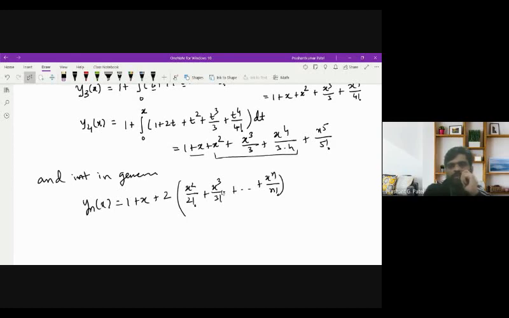That is, x square by 2 factorial, then 2 into 3 gives 3 factorial, 2 into 3 into 4 gives 4 factorial, and so on up to x power n upon n factorial. So this is what we have.